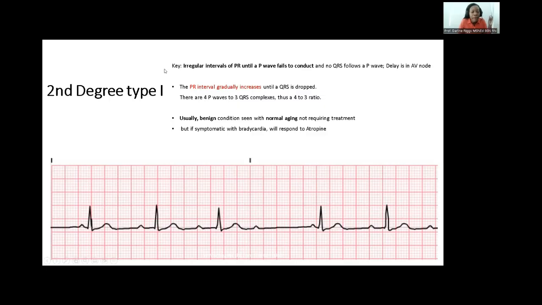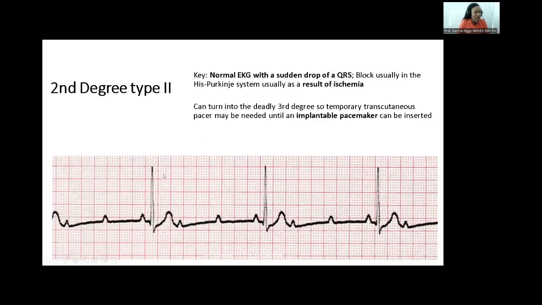That is the first major difference for you to be able to look at a strip and tell if it's a second degree type 1 or a type 2. So in a type 1, the R to Rs do not equal. They're irregular. In a type 2, they are equal. It's a normal EKG where you have your QRS coming at the same time. Okay, that's how you tell regular and irregular.